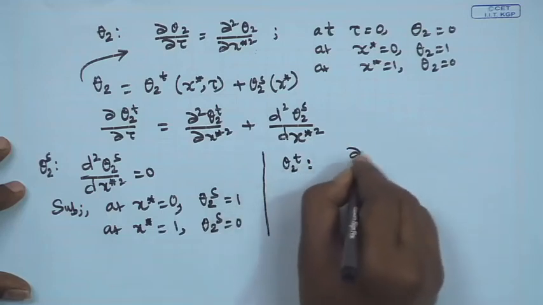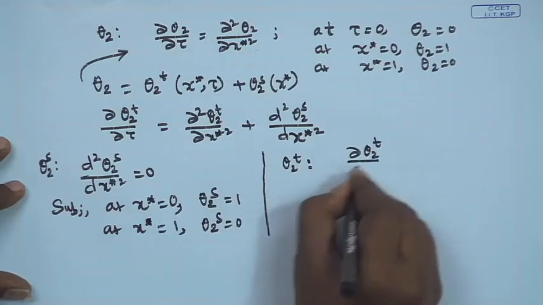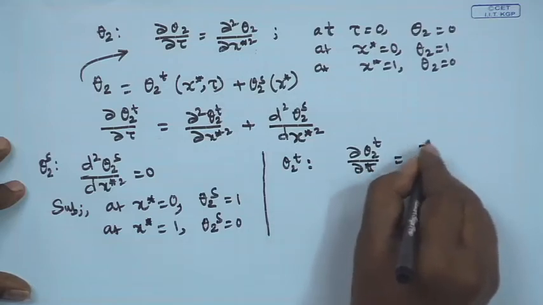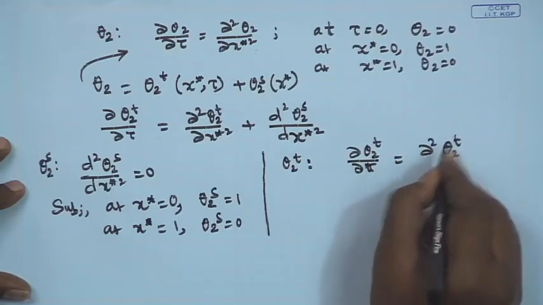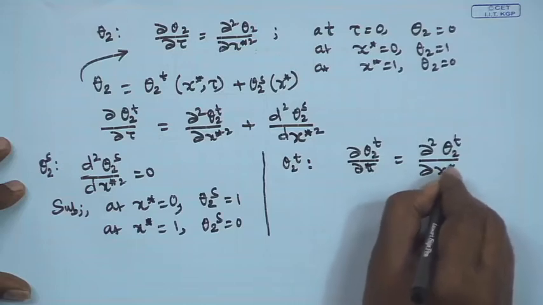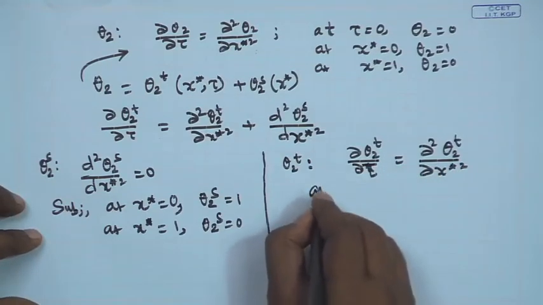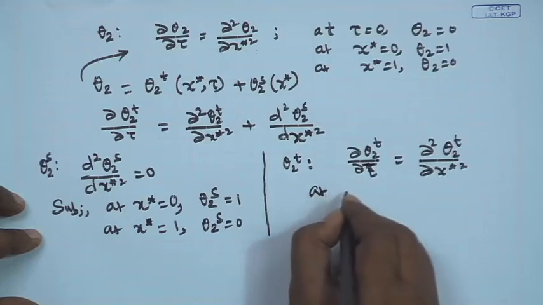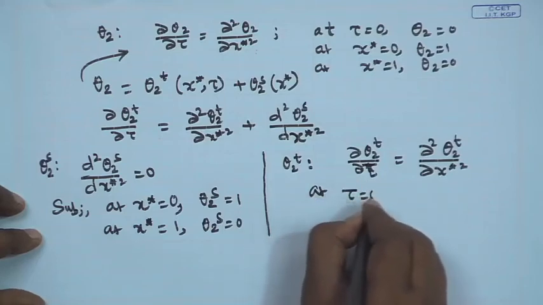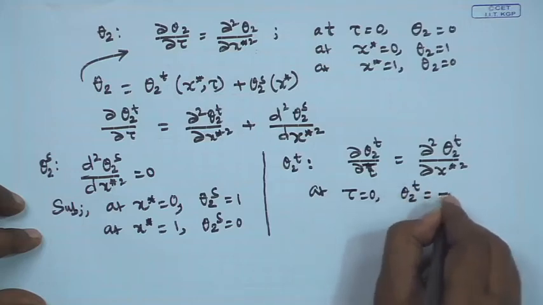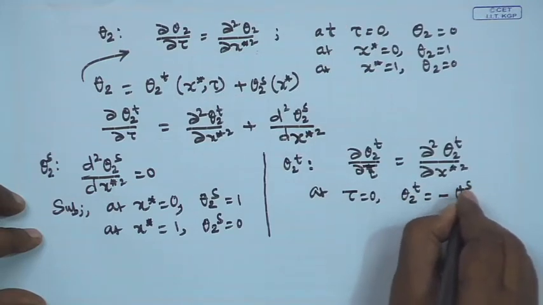Let us look into defining theta 2 t. It will be del theta 2 t del tau equal to del square theta 2 t del x star square, and as we have seen earlier, the initial condition at tau is equal to 0, my theta 2 t will be nothing but the minus of the solution of the steady state part.